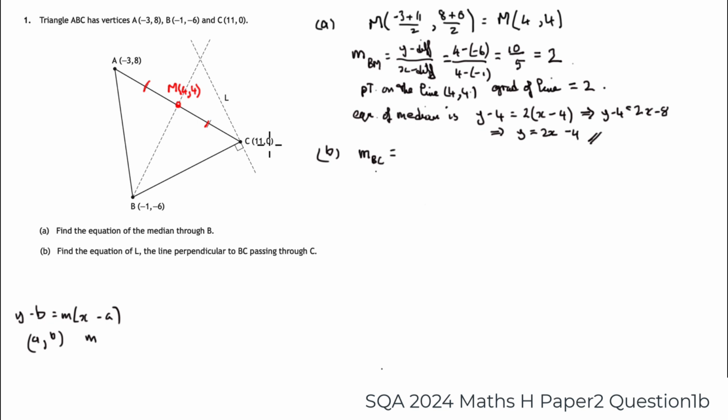So again, y difference, 0 minus -6, over the x difference, 11 minus -1. So that'll be positive 6, 11 plus 1 is 12. That's 1/2 for the gradient, and it is reasonable. We'll go 2 along, 1 up, 2 along, 1 up.